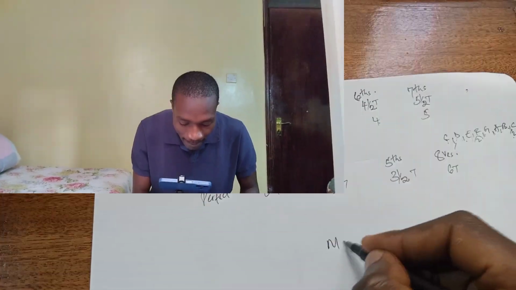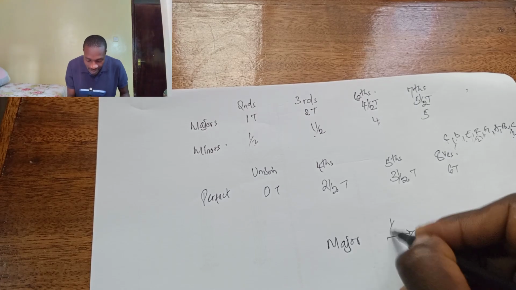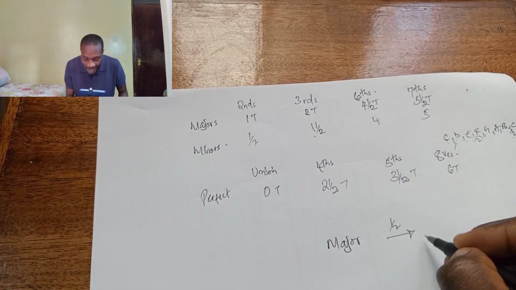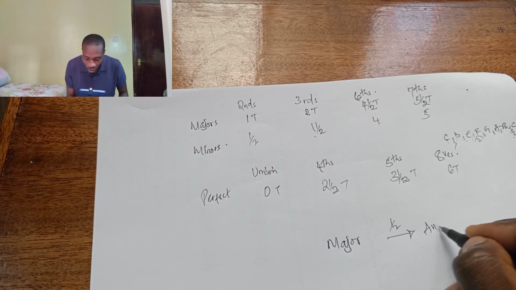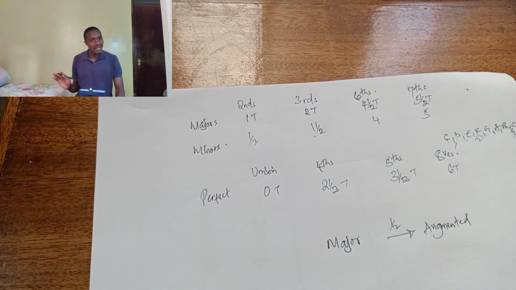Now, for diminished and augmented: if you have a major interval and you increase that interval by a half, it is going to give you an augmented interval.